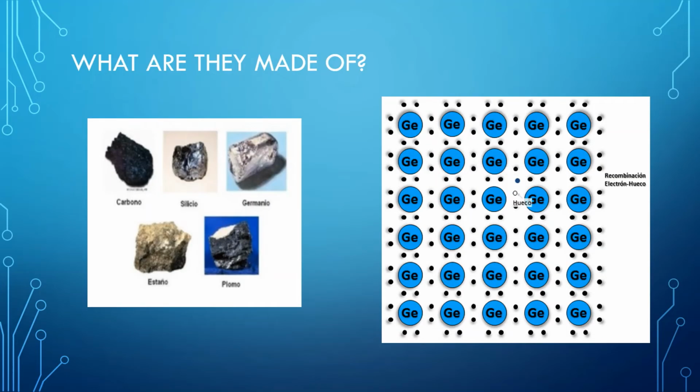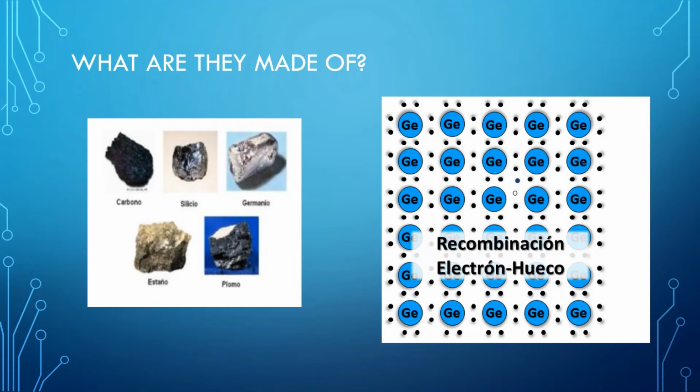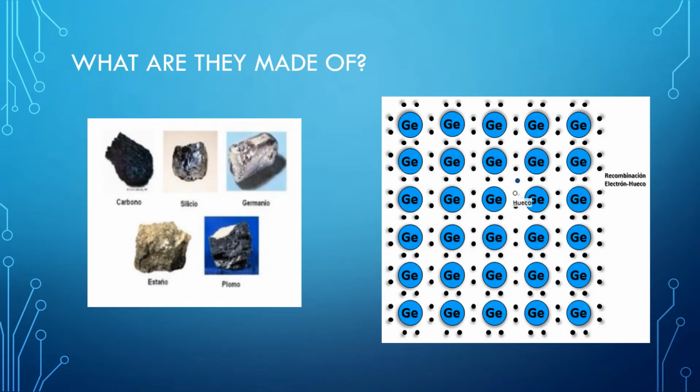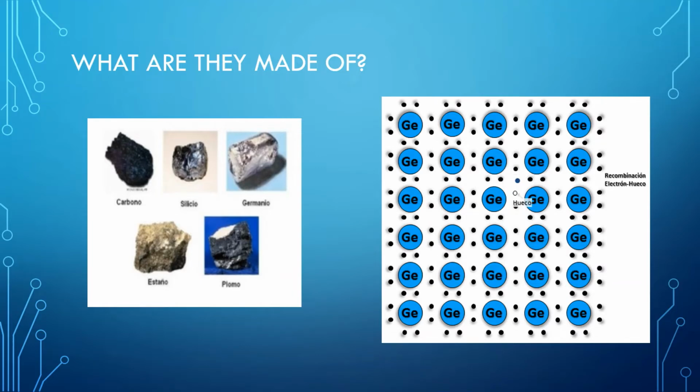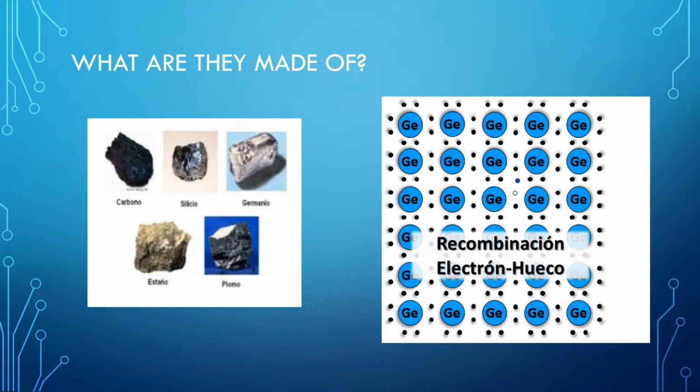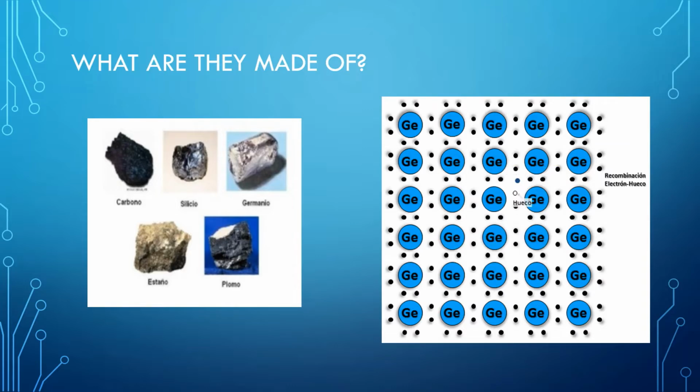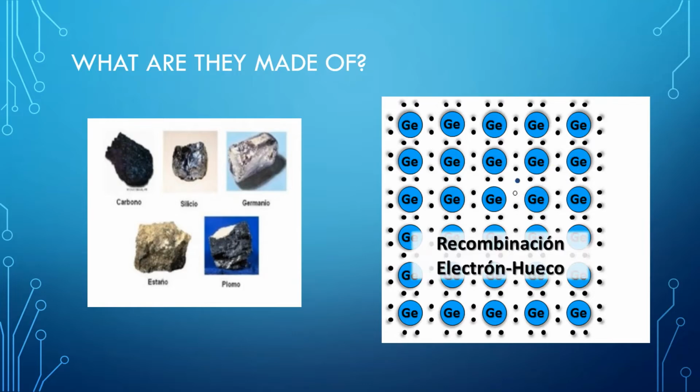Now, what are they made of? Diodes are made of semiconductors, materials with a crystalline structure, whose conductivity, in the pure state, depends on temperature. These materials are also known as the carbon family, and they are located in group 4A on the periodic table.